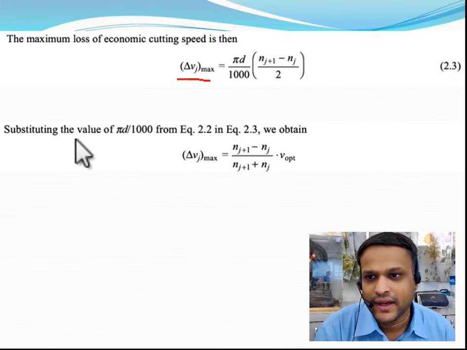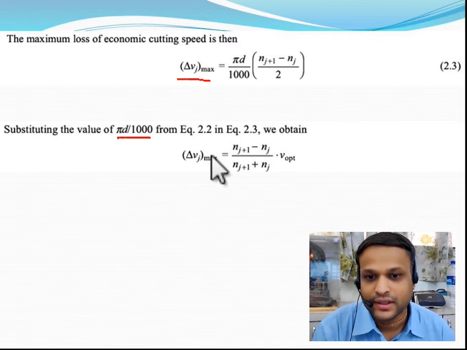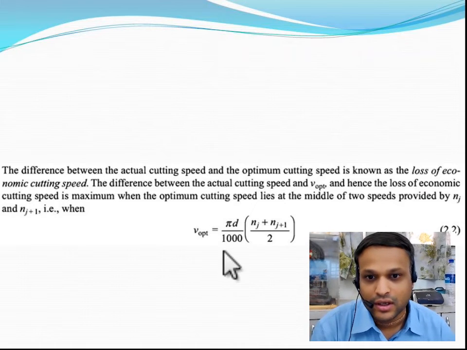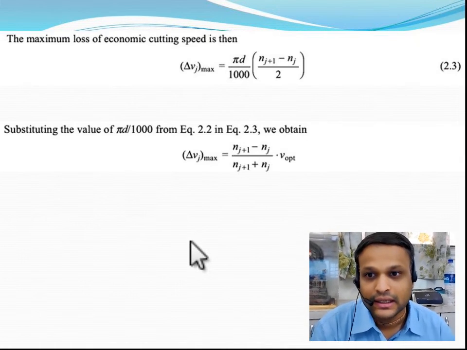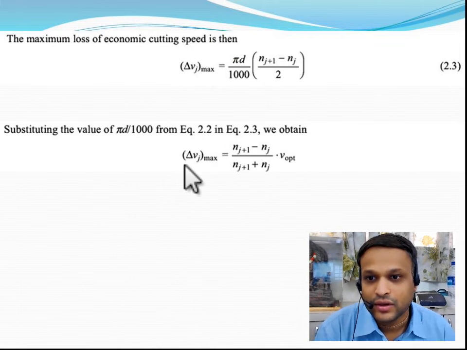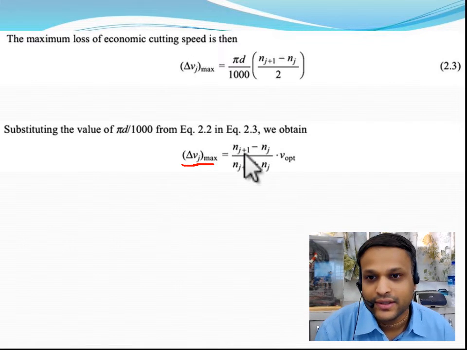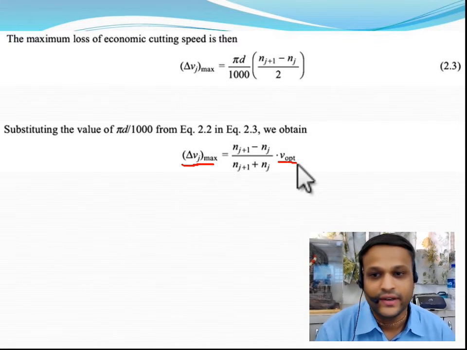Okay, then here we have a simple substitution. We substitute the value of pi d by 1000 from equation 2.2, and what this helps us do is bring in this V optimum right here. So your equation therefore becomes delta Vj max is equal to (nj plus 1 minus nj) by (nj plus 1 plus nj) times your V optimum.